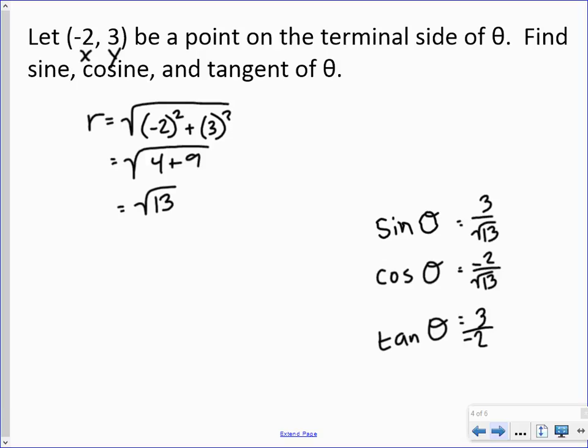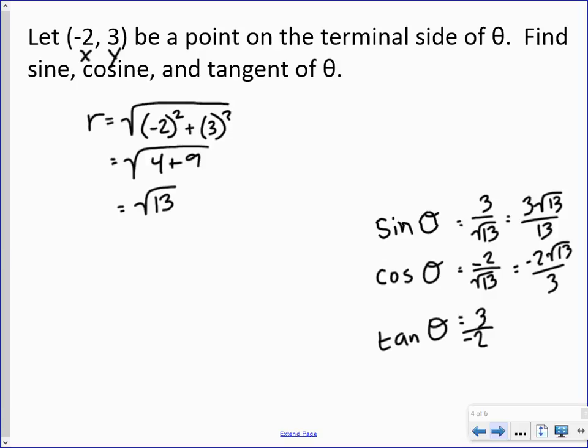You'd have to rationalize your denominator for sine and cosine, so we'll come up with 3 square root 13 over 13, and negative 2 square root 13 over 13. But what's nice about that definition is it has taken care of all of the sign issues. Sine is positive in quadrant 2, cosine and tangent would be negative in quadrant 2, and the ordered pair negative 2, 3 falls in quadrant 2.